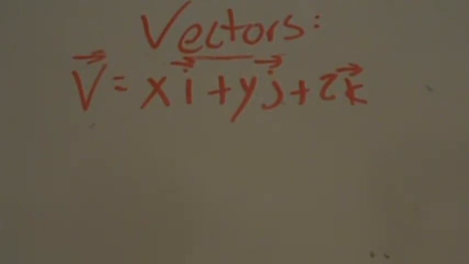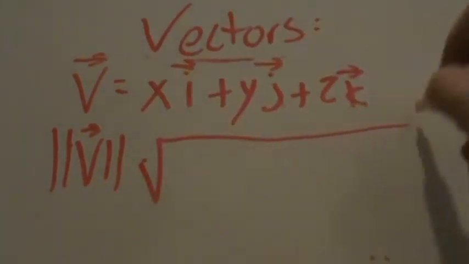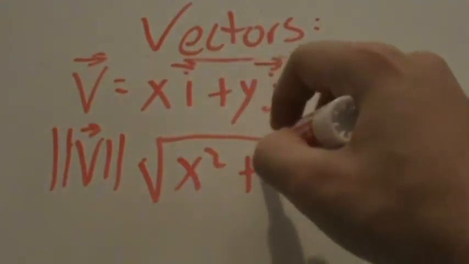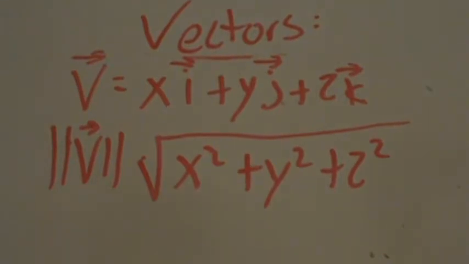So now if I wanted to find the magnitude of this, all I would have to do is, and we denote magnitude by 2 bars, that's the magnitude of a vector, and it's just based off what I have up here. It's just the square root of x squared plus y squared plus z squared. So this is how you can denote vectors.